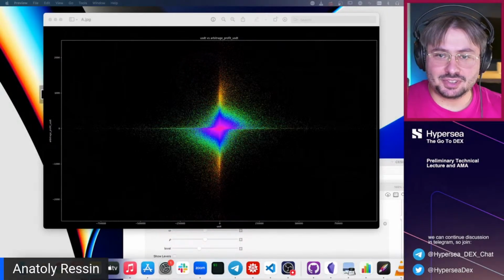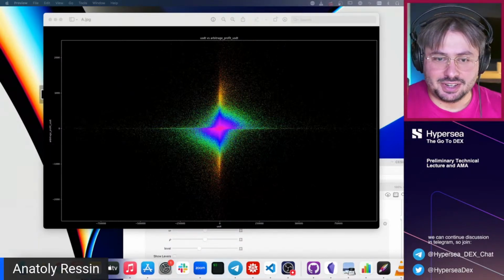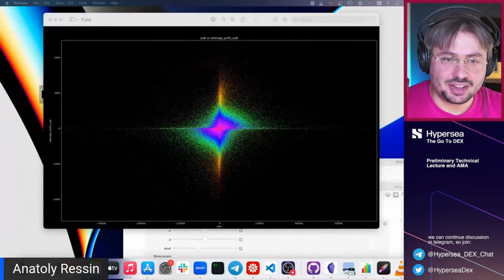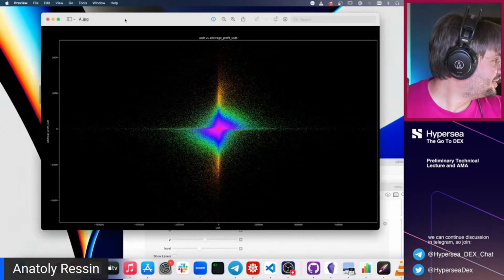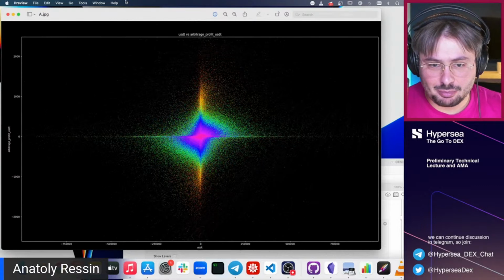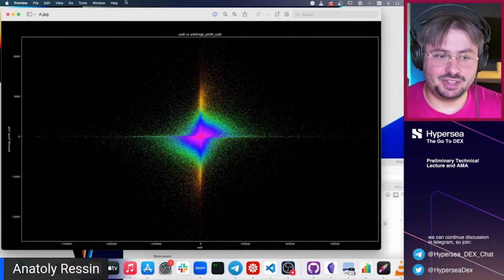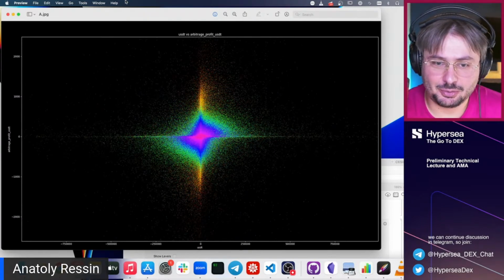So this is an example of one of many diagrams that we got from Parsik.